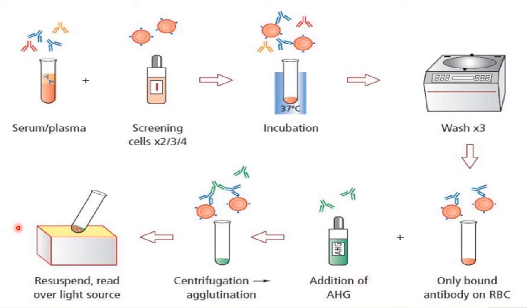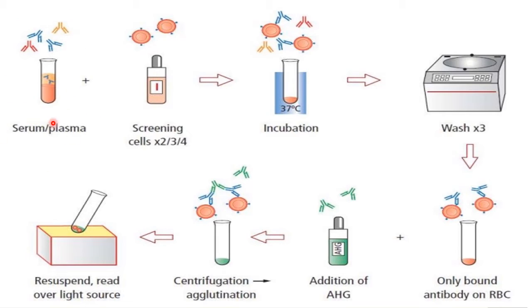This is the indirect Coombs test. Indirect, as the name suggests, means we cannot get the result directly by adding anti-human globulin. We have to prepare the serum, and add red cells so that sensitized RBCs are prepared. The patient's serum is tested here for incomplete antibodies.